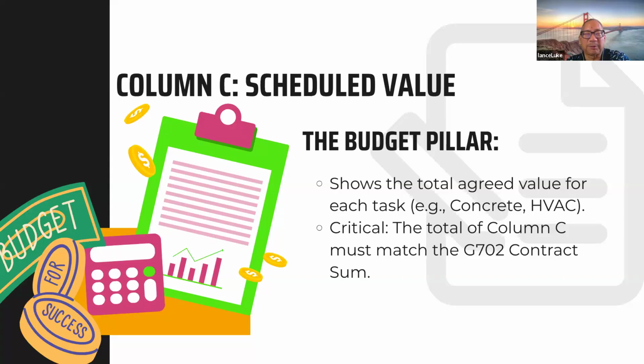And the explanation was, yeah, there was a $20,000 change order for upgraded windows. So although the original contract amount was $500,000, it got changed to $520,000 because of the approved change order.